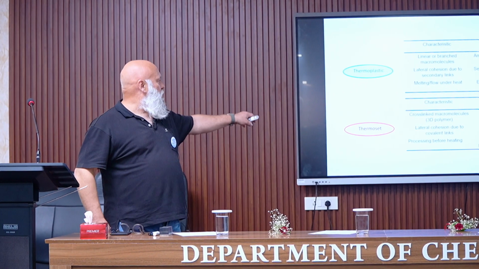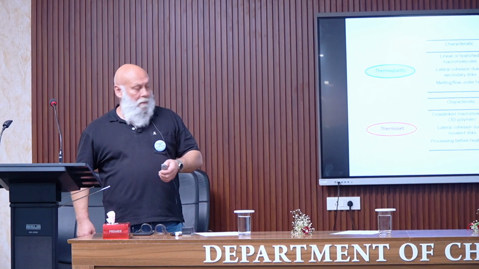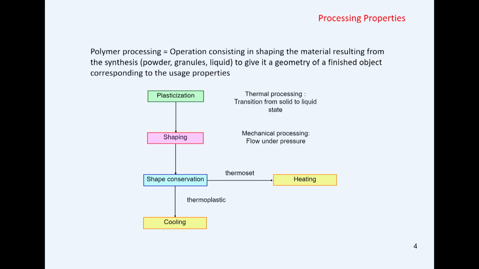So polymer processing is an operation that consists in shaping the material resulting from the synthesis. It can be in the form of a powder, granules, or a liquid, mainly for thermoset, and granules or pellets mainly for thermoplastic polymers, to give it the geometry of a finished object corresponding to the usage properties. Regardless of the processing technique that is used, there are different steps.